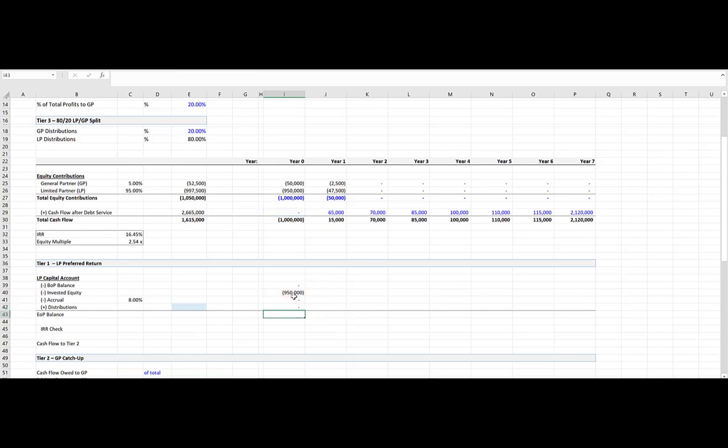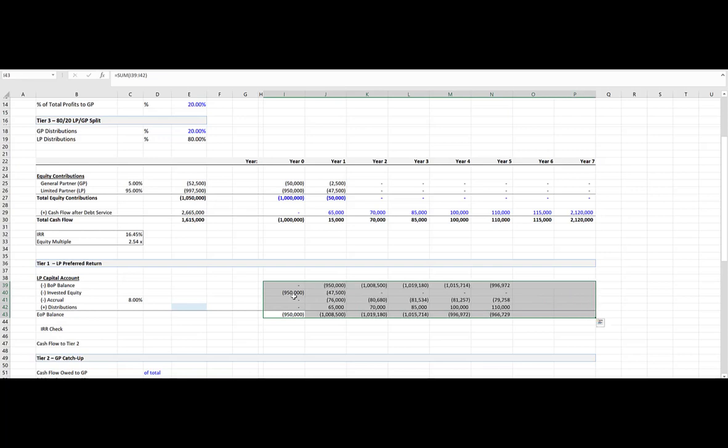And then our end of period balance is going to be the sum of everything from the BOP balance, invested equity, accrual, and distributions. So we'll copy these across, then I'll explain what's going on. So at the start, in year 0, that would be at the closing, the LP contributes $950,000. And then at the end of year 1, there's that $950,000 that's outstanding.